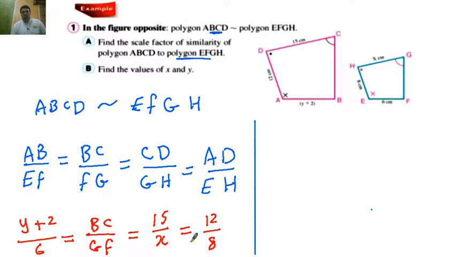Then 12 over 8 is the known ratio, and the known ratio is the scale factor in its simplest form.